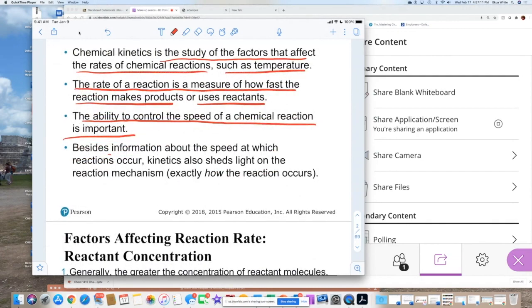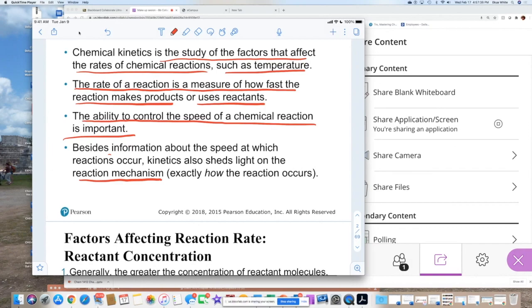Okay, besides learning about how to make a reaction fast or slow it down, the next thing we're going to be looking at is the factors that influence the reaction, which have to do with reaction mechanism. So reaction mechanism influences the chemical reaction. We're going to be learning the reaction mechanism, which is play by play of the reaction, the different steps.